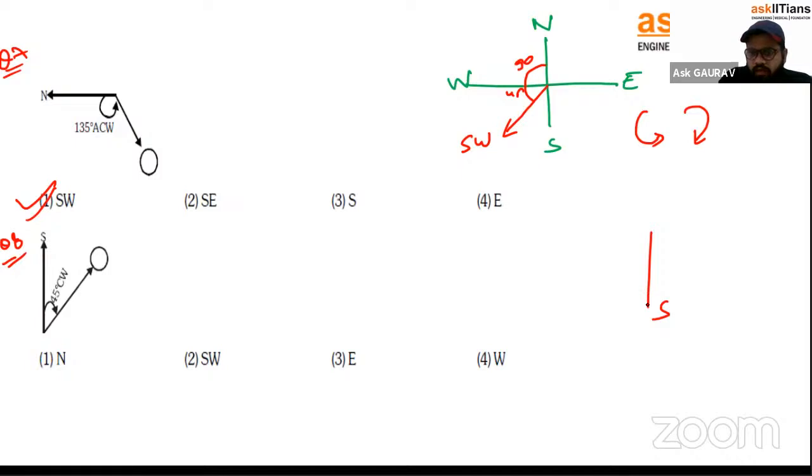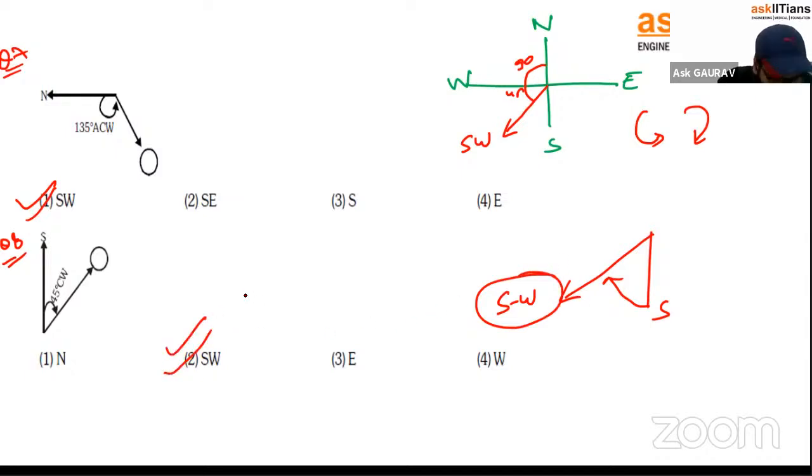This is your south, and if you move clockwise, it will be like here, right? This direction is southwest. So which option? Option 2, right? Southwest for both questions. If you're moving from north and anti-clockwise, you will reach the southwest, and if you're moving from south clockwise 45, you will reach southwest. That's the same thing, right?